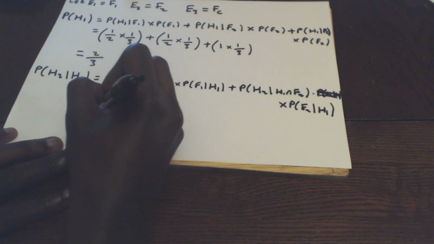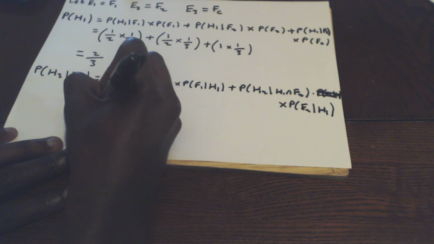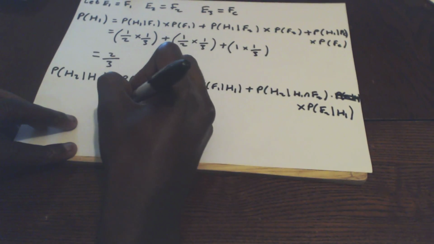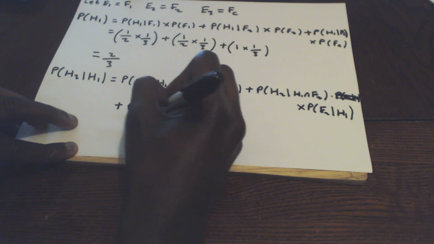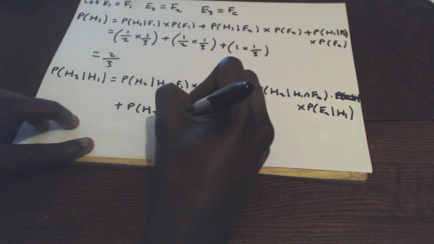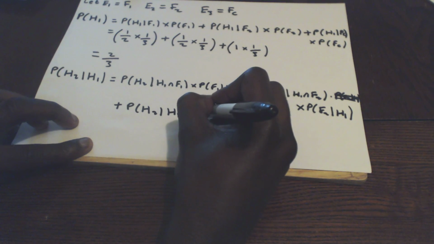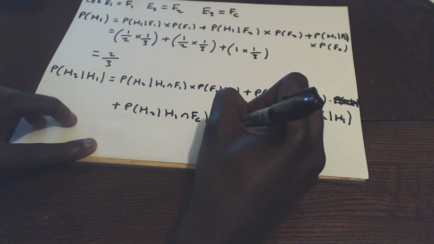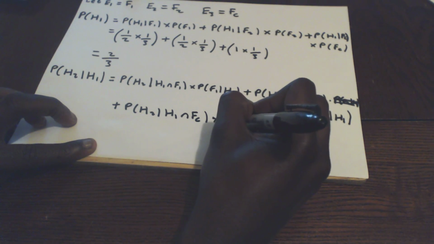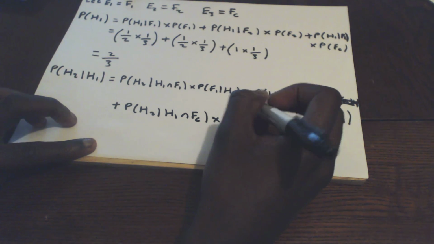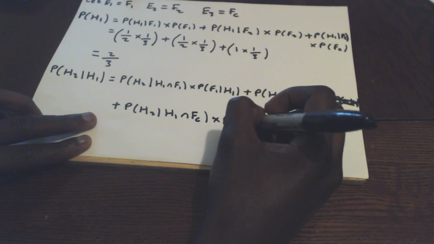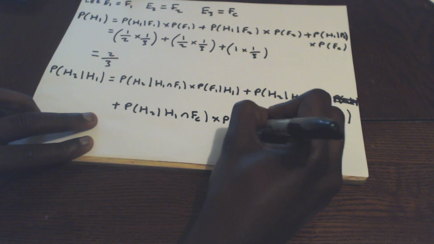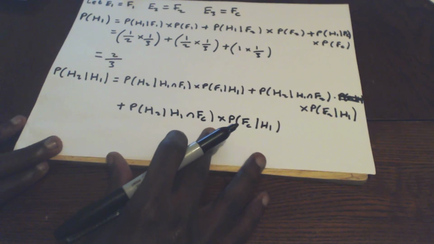And I want to add this on, apologies for the lack of order here, but I have to fit that on, plus the probability of H2 given H1 intersection FC times the probability of, did I say FC or HC? FC, I meant to say, but in case I said HC, so times probability of FC given H1, right?